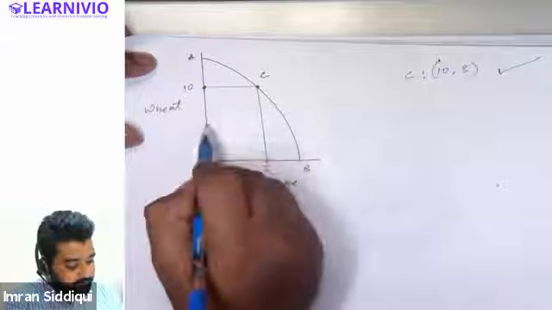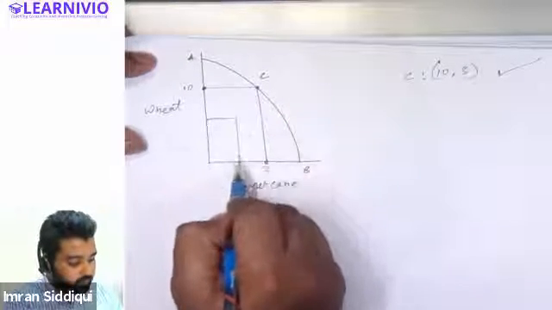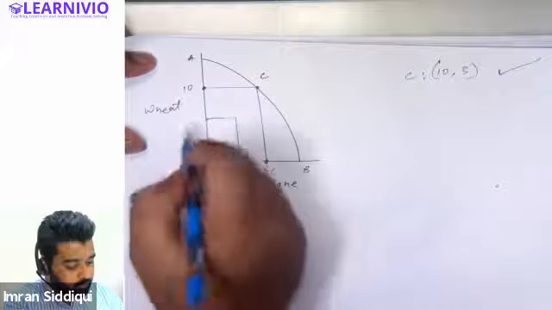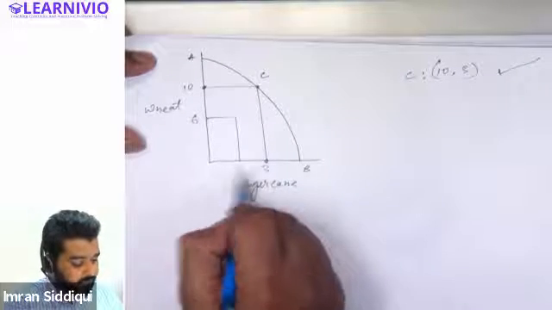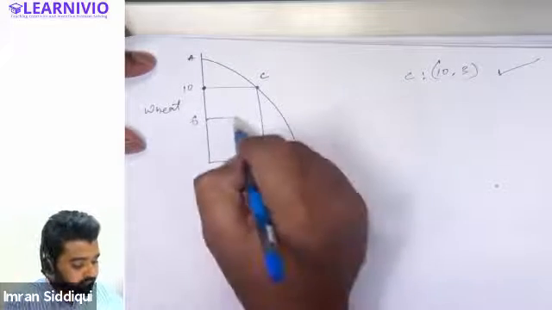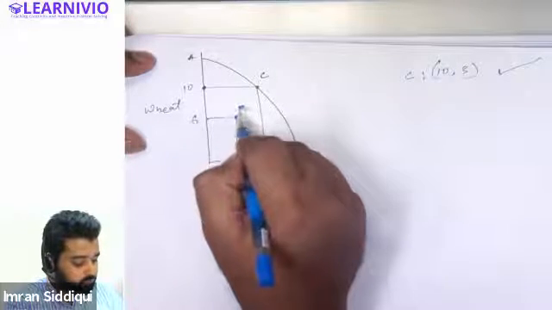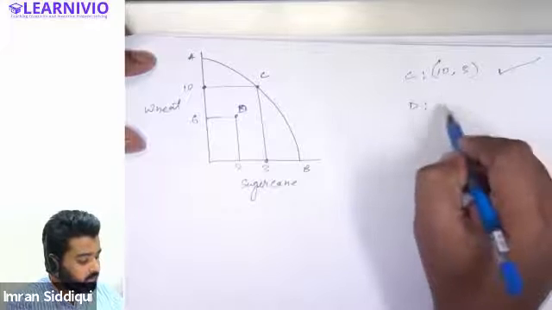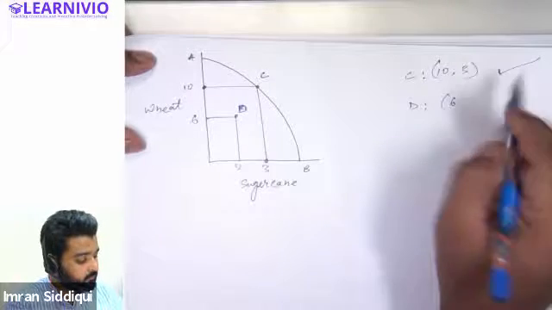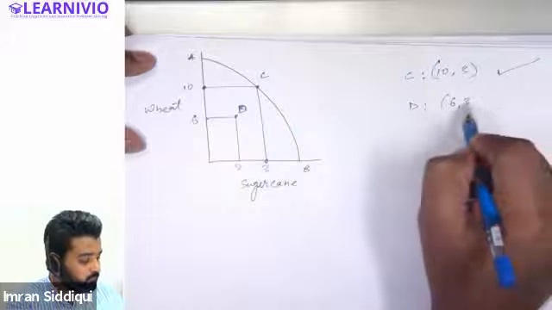This line is basically a capacity line for a producer. And suppose the producer wants to produce this quantity of two goods, say 6 tons of wheat and 2 tons of sugarcane. Suppose we have named this combination D. So in combination D, he wants to produce 6 tons of wheat and 2 tons of sugarcane.